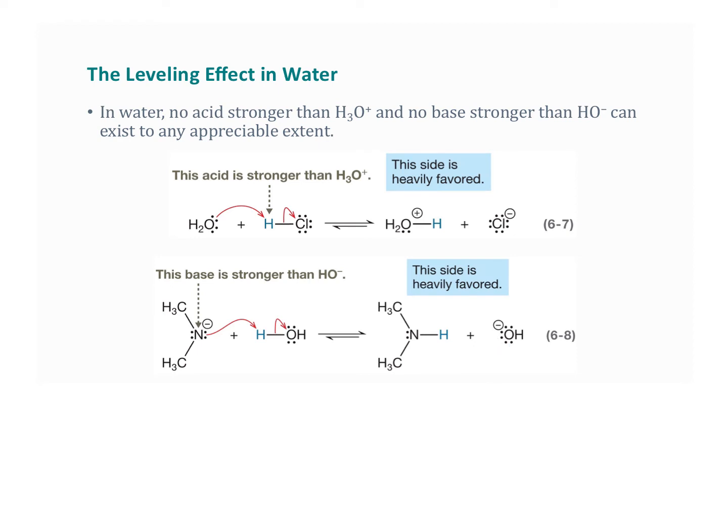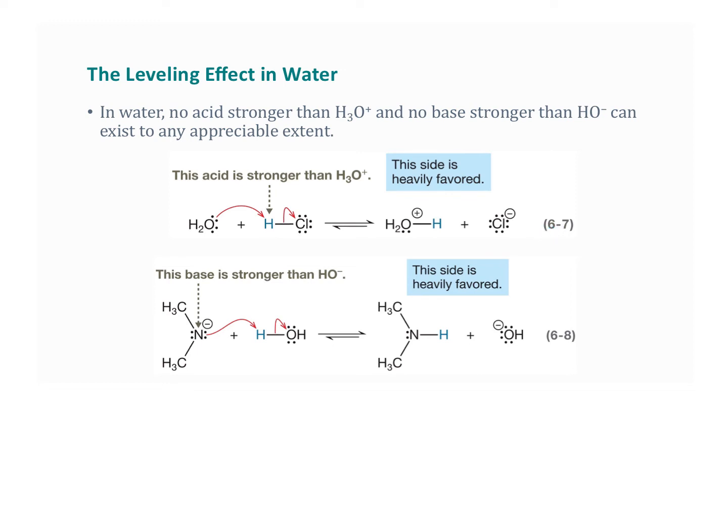To see why this is, I want us to look at what would happen if an acid stronger than H3O plus or a base stronger than OH minus were placed in water. So HCl here is a stronger acid than H3O plus, okay? And so HCl could donate its proton to water according to the proton transfer reaction in 6-7.